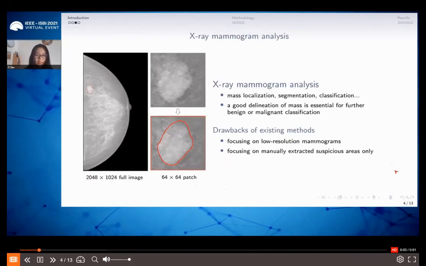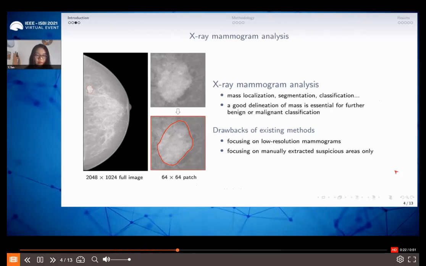Mammogram analysis mainly includes the localization of the suspicious areas and then segmenting or classifying the lesion. Due to the unpredictable variations in mass characteristics, a good delineation of mass is essential for further classification of the mass into benign or malignant.